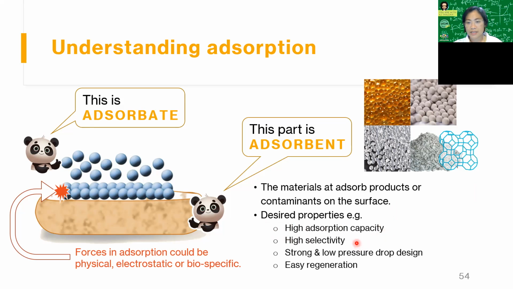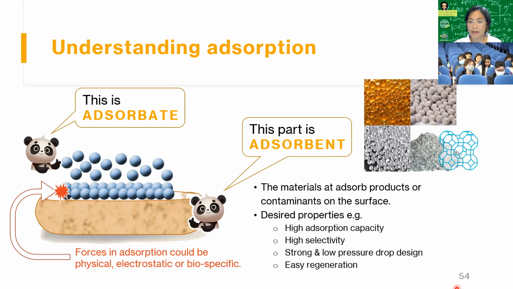Okay, it has a good or high selectivity, so it's not adsorbing everything. It would depend on the force as well. Okay, because some forces in adsorption are not specific. Some are specific. Okay.